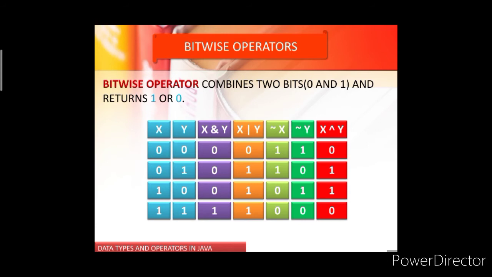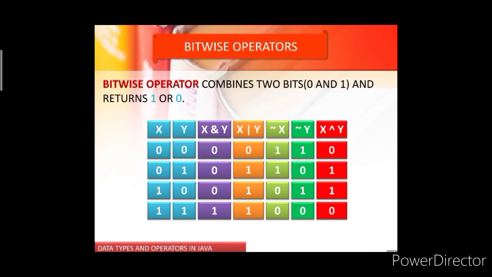So you can see only when both the bits are 1, then only the result is 1, otherwise the result is 0. If you are using bitwise OR, then when either one of the bits is 1, that is 0 1 will give you 1, 1 0 will give you 1, 1 1 will give you 1, it will give you 0 only when both the bits are 0.